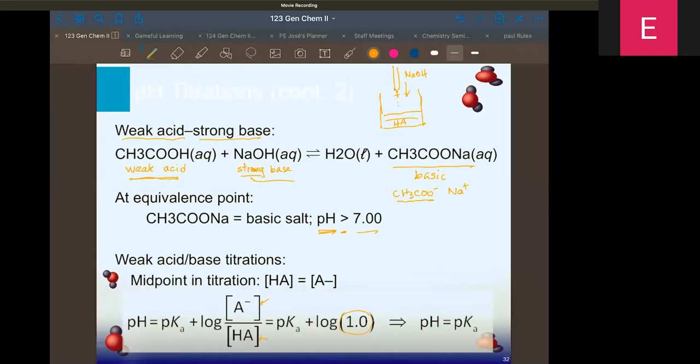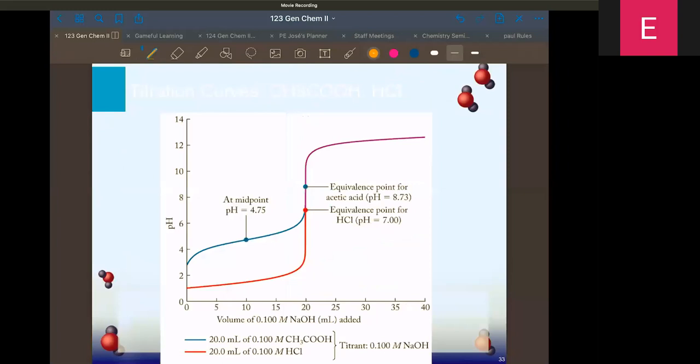The logarithm of 1 is 0, and the pH is equal to the pKa. So if you can stop at the half point, you can find experimentally what the Ka value is for the weak acid you are titrating. And that is a powerful technique.